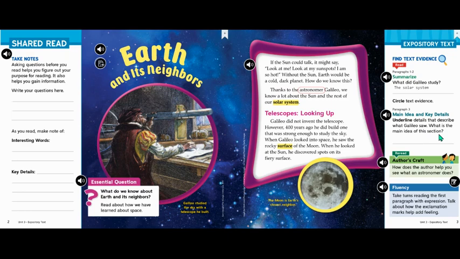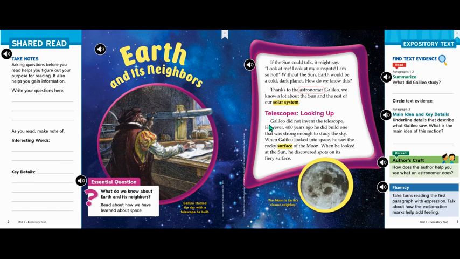So we are going to use the details that we underline to figure out the main idea of the section called Telescopes Looking Up. I can reread this paragraph and look for important details about Galileo. Then I can figure out what these details have in common. That will help me figure out what the main idea is.